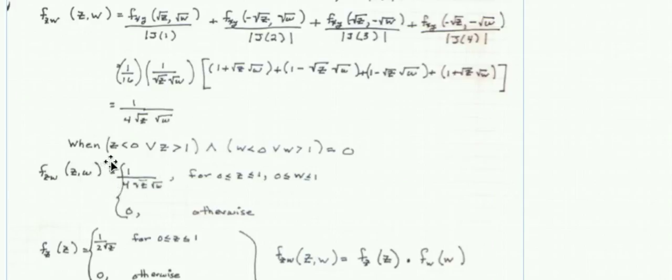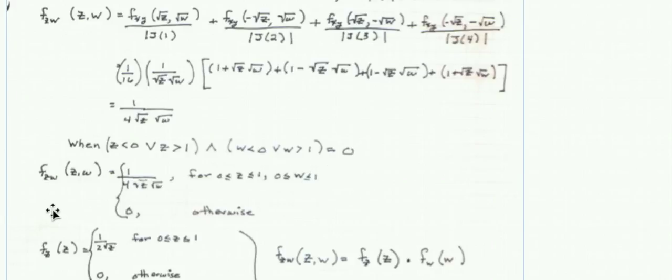When z is less than 0 or z is greater than 1, and w is less than 0 or w is greater than 1, the total is equal to 0.